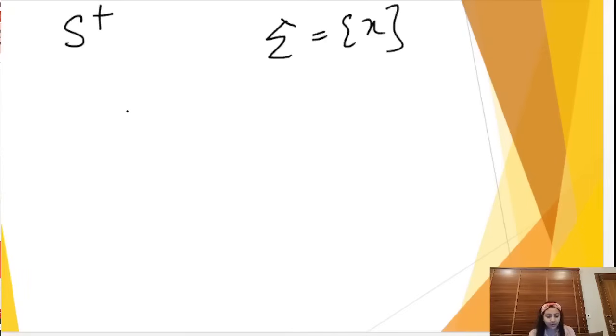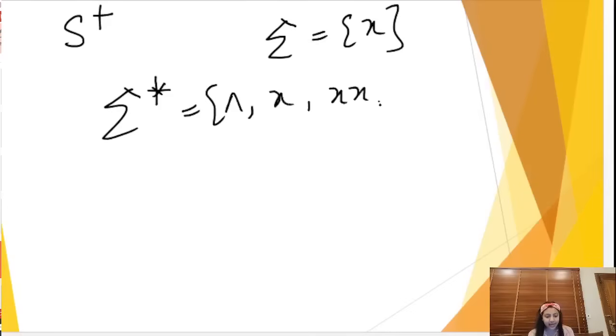Just like S star, we have another terminology which is S plus. Let's say my alphabet consists of x. Then my Kleene closure will be lambda, x, xx, xxx, and so on.